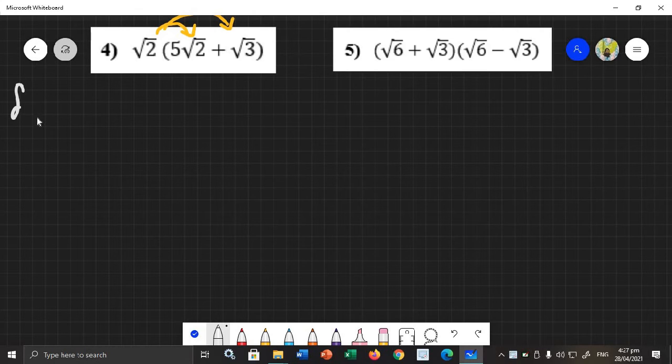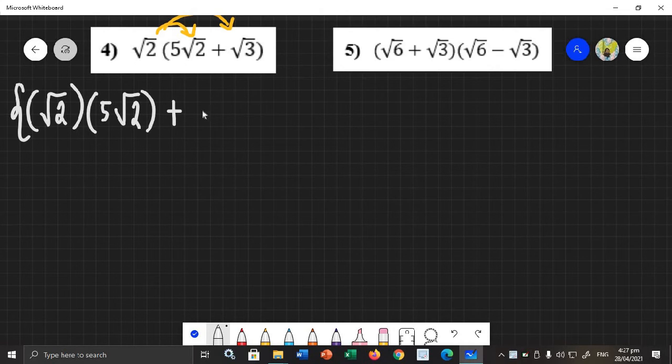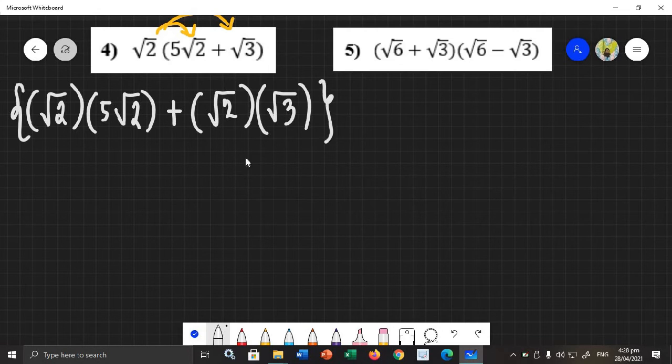So we need to multiply square root of 2 by 5 square root of 2, and then also multiply it by square root of 3.